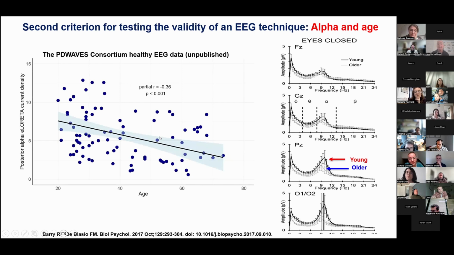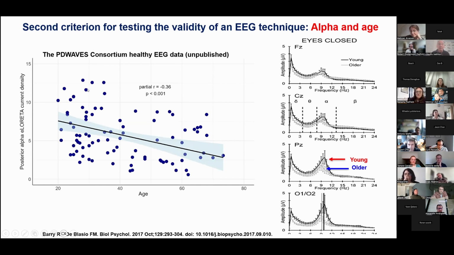The second criterion for testing validity of each EEG technique is the relationship between alpha power density in resting state eyes closed and age. Again, we have a lot of replications of the results that there are differences in the power density in the posterior areas between younger people and older people in healthy subjects. You see here a milestone result from the group of Robert Barry, and I also plotted some data from the PDWAVES consortium.